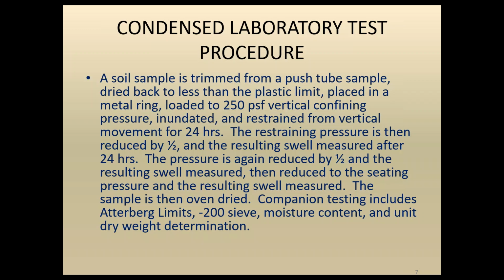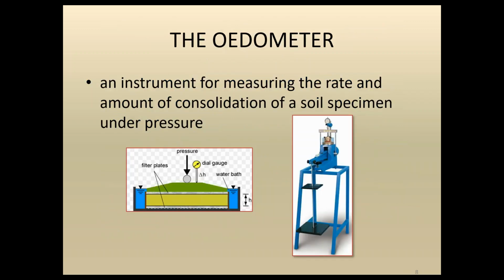The restraining pressure is then reduced by about half, and the resulting swell measured after about 24 hours. Pressure is again reduced by half and the resulting swell measured, then reduced to the seating pressure and the resulting swell measured, all over about 24-hour intervals. Samples are then oven dried, and companion testing includes Atterberg limits, minus 200 sieves, moisture content, and unit dry weight determination.